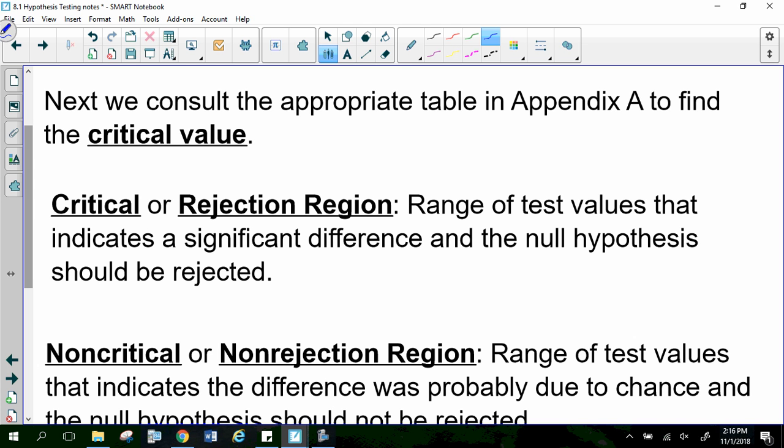That's the part we'll shade, where we say there is a significant difference and the null should be rejected. That will make more sense when we actually do a hypothesis test, but I want you to have it down so you can reference what I'm talking about.